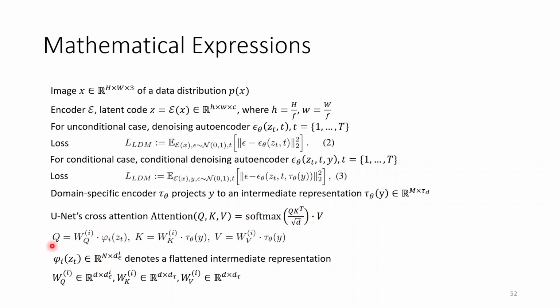So they generate their Q from the latent code, and they generate their K and V matrices from the condition. So this is called cross attention, right?